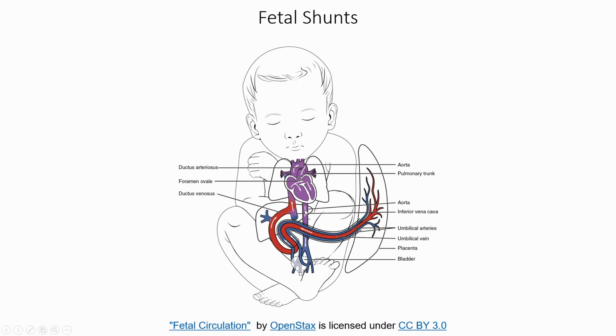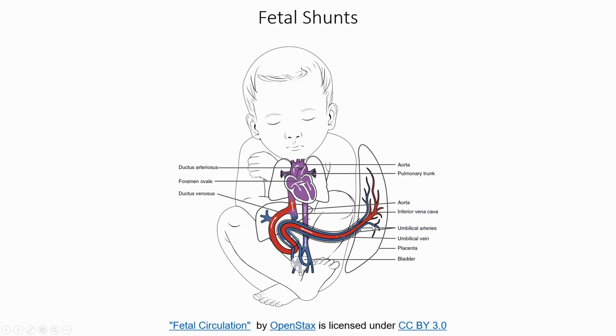As we come down the aorta, we're not oxygenated. We're going to come down and enter into the umbilical arteries, which are deoxygenated by now. This goes through the umbilical cord to the placenta, which is where we'll get oxygen from. The placenta connects to mom. We won't get into the details of how that happens, but it's not a mixing of blood.